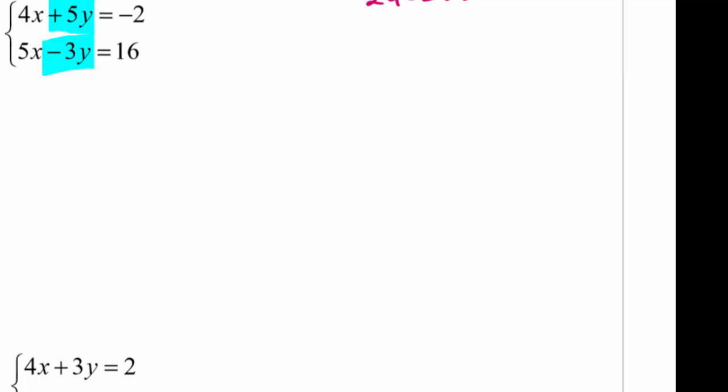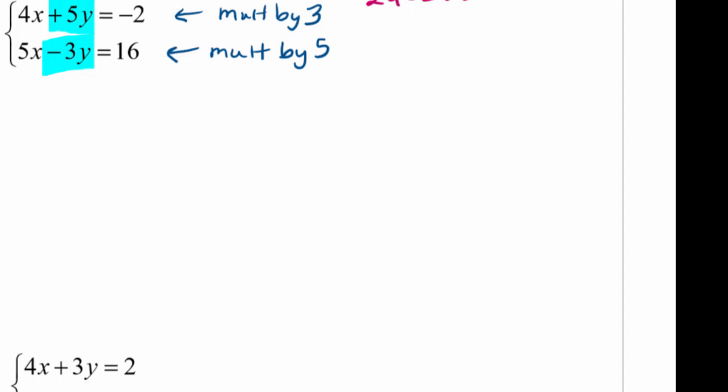This time around, we are going to change the coefficients to positive 15y and a negative 15y, which means we're going to have to multiply both equations. So this equation, we will need to multiply by a 5, and the top equation, we're going to need to multiply by 3. And that's so that we can get exact opposite coefficients in those two y's.